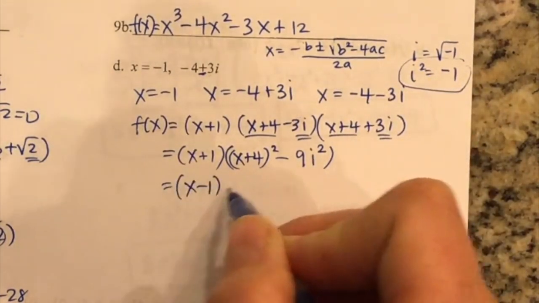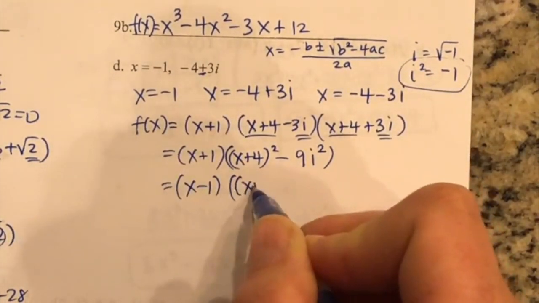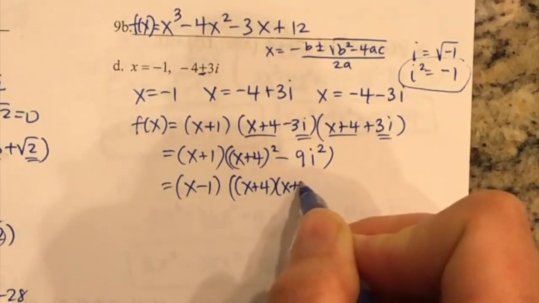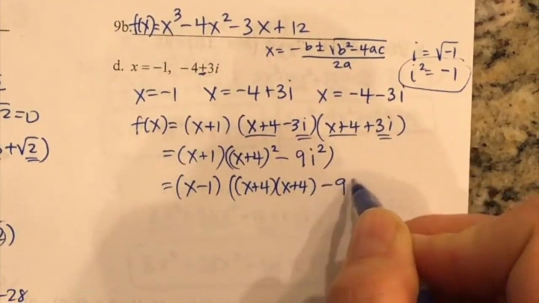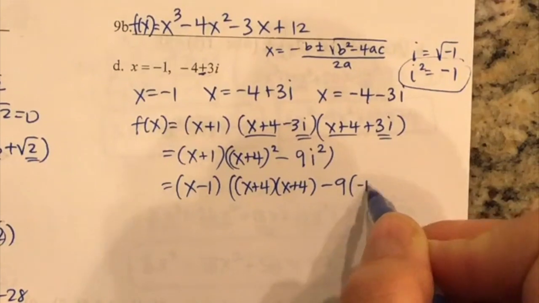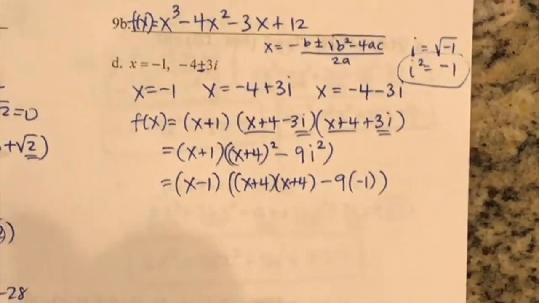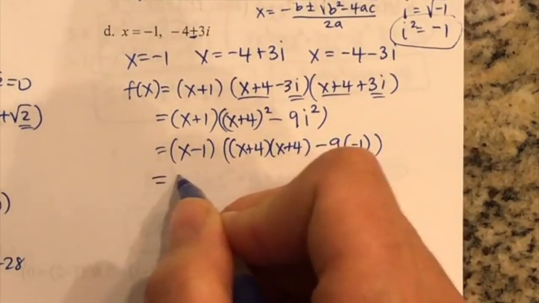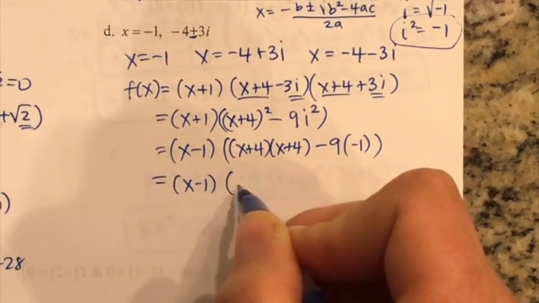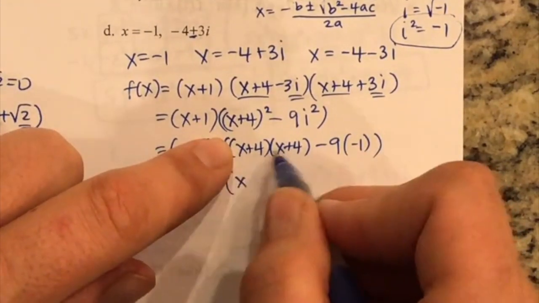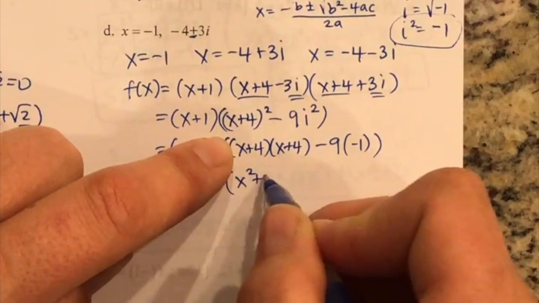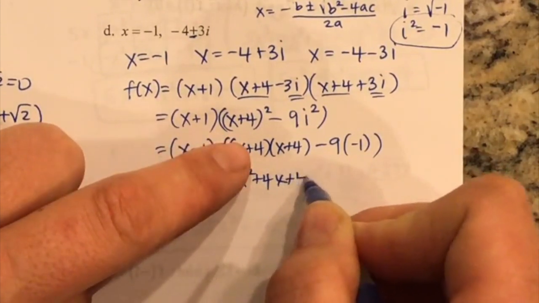Okay, so x minus 1, I'm going to multiply this x plus 4 times x plus 4 out. Minus 9, that i squared is going to be replaced with that -1, and I'm going to keep just simplifying madness. Here I'm going to multiply x times x is x squared plus 4x plus 4x.